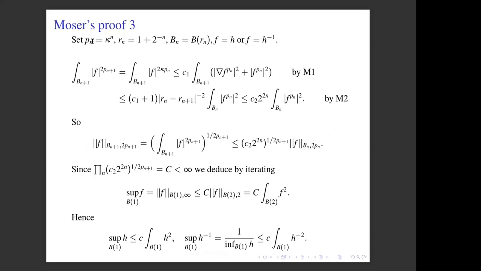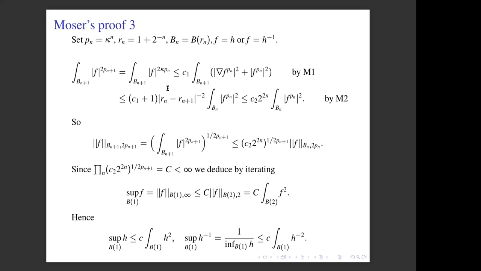Pn, the power we're going to be looking at, is going to be kappa to the n. And I'm going to take f to be either the harmonic function h or 1 over h. So let's start. We're going to look at the integral of f to the power 2pn plus 1 over Bn plus 1. Well, pn plus 1 is just kappa times pn, so we can write things like that.